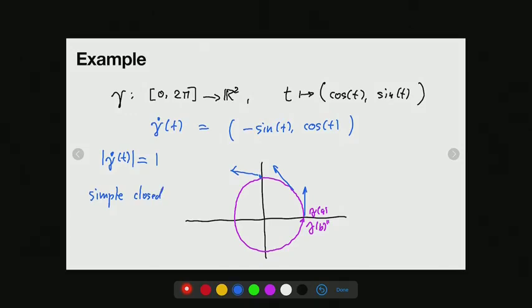And, well, it's differentiable and regular. All very good. Okay, simple closed curve, differentiable and regular, a parameterization of the unit circle.